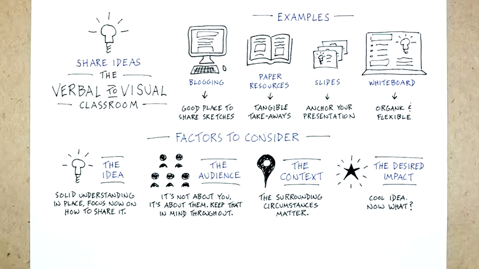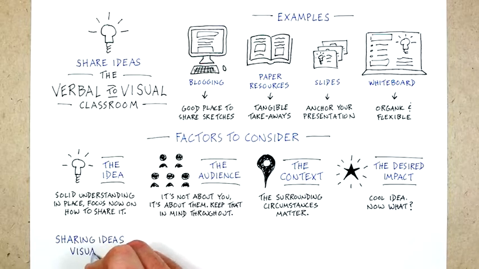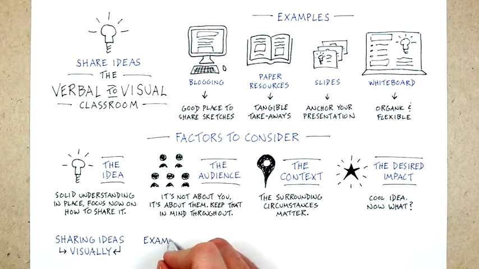These here are the four most important factors to keep in mind as we progress within this module on sharing ideas. In the next lesson, we'll add in the visual component. We will look at the specific role that visuals can play to help you reach your audience and achieve that positive impact that you're shooting for. We'll then look at a specific idea sharing example.